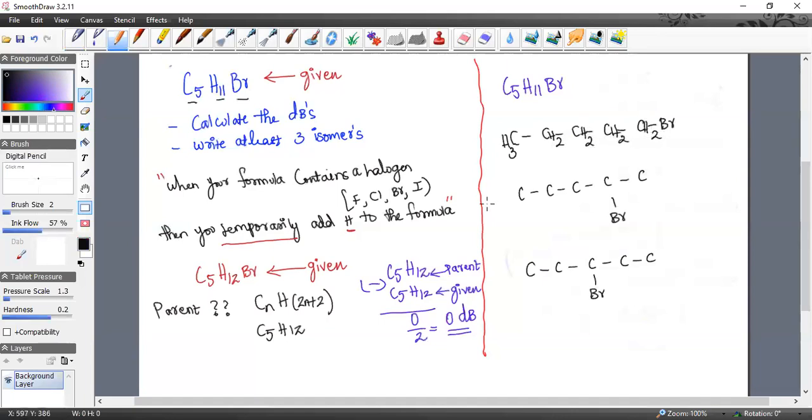Whenever you write isomers, you must always go back and check to make sure you have the right number of carbons, the right number of hydrogens, and more importantly, the right number of bonds. That's what I've noticed in some of your work: you're so worried about getting the isomer right, you forget to count the number of hydrogens and carbons you have.